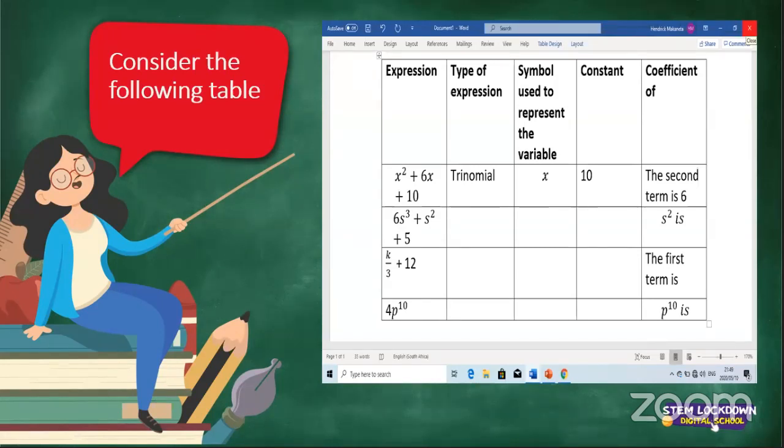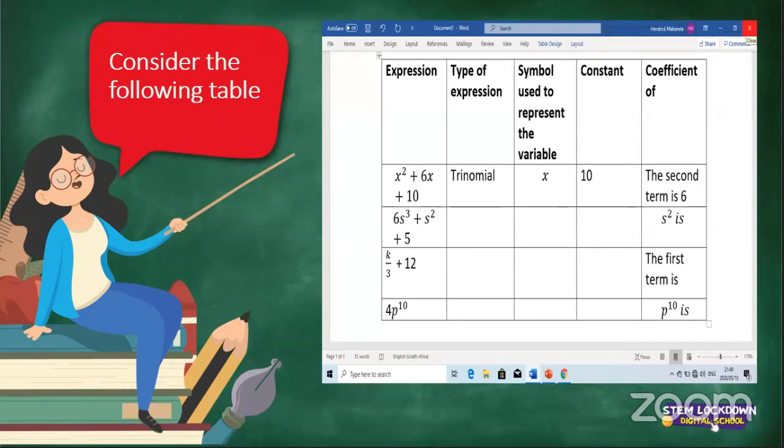If you can check your expression, K over 3, basically this is a fraction. And this actually means a third of K. 1 over 3 means a third, and you multiply that by K. So your coefficient will be a third, meaning 1 over 3.